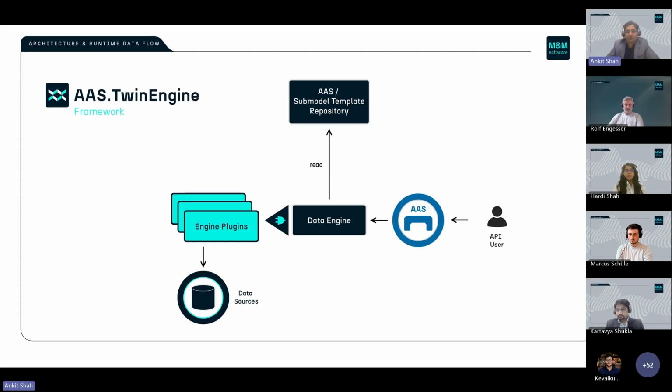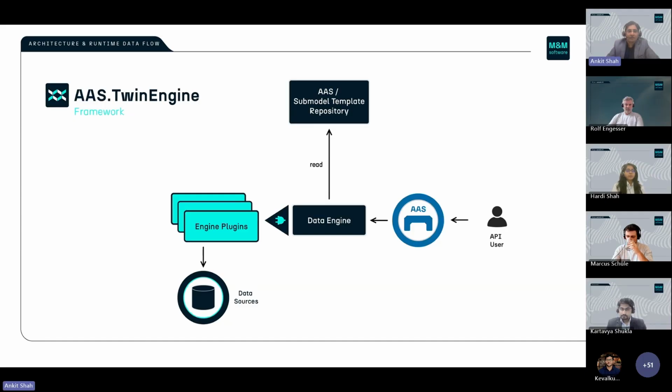Business data could be any production data, ERP data, or operational data, stored in their own databases and scattered at different locations. On the right-hand side of the diagram, we have the users and applications who consume the complete AAS data through the data engine.